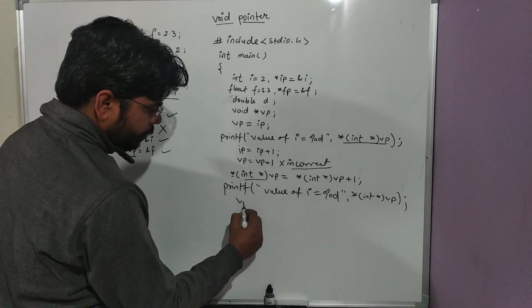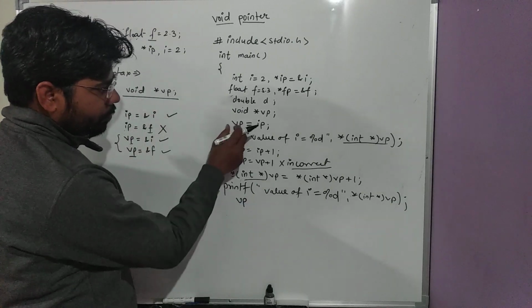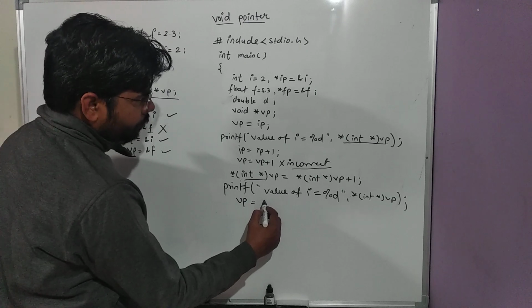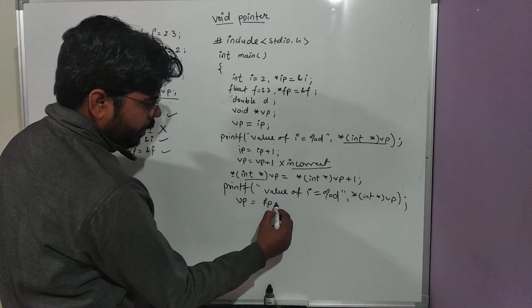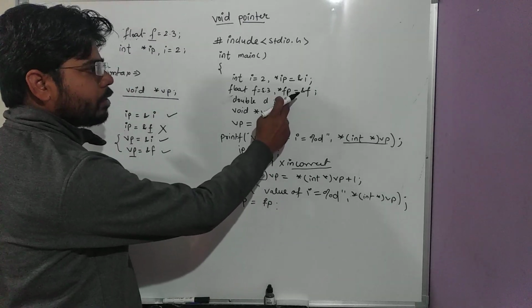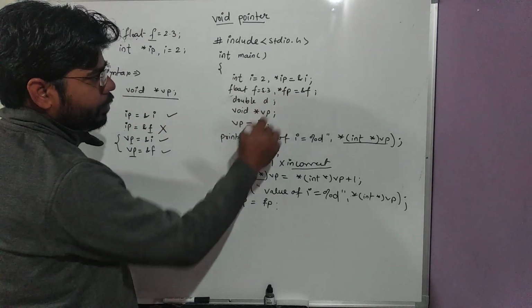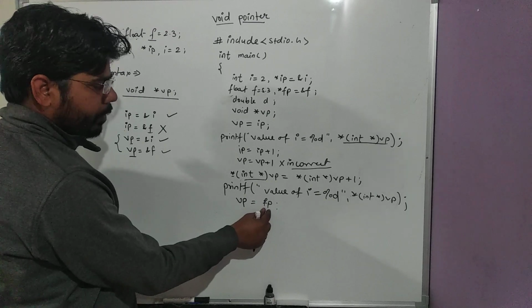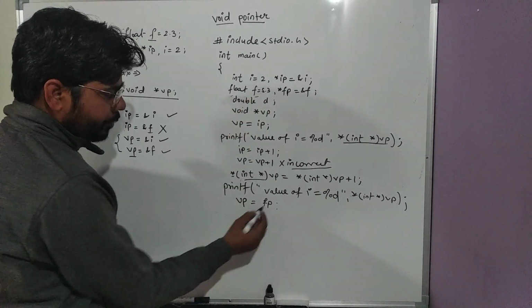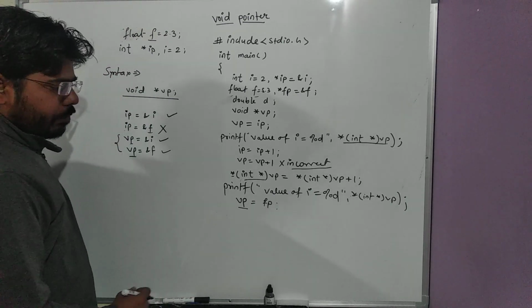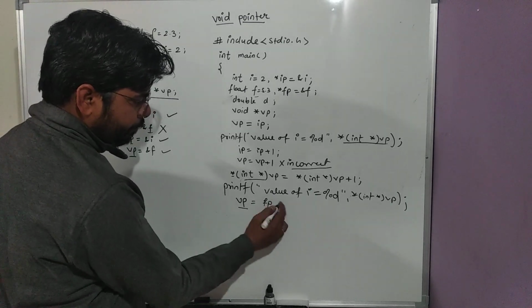Now here we can change the address of this void pointer to FP. FP holds the address of the float variable, that is F. Okay, now this void pointer is pointing to this float value.